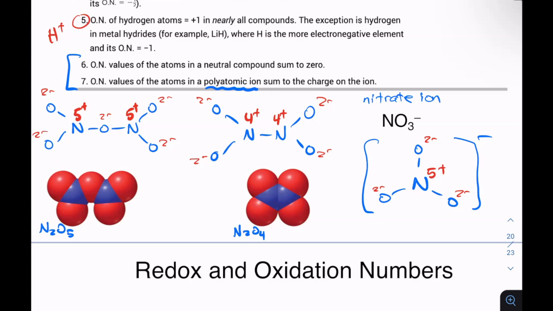It's really no more tricky than this. But it's a way to identify that in these different molecules, nitrogen will behave differently because its oxidation state is different.